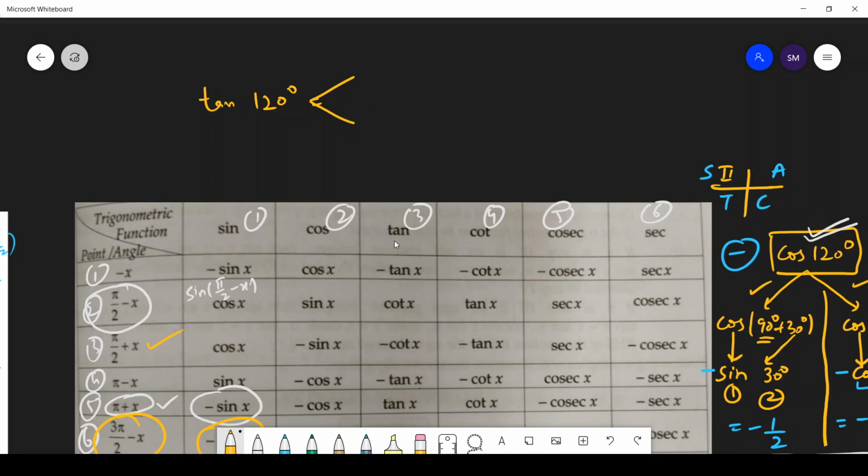Yes, that's a good question. See, the complementary of sine is cos, of tan is cot, and of secant is cosecant. Okay, sir. The answer is minus under root 3.